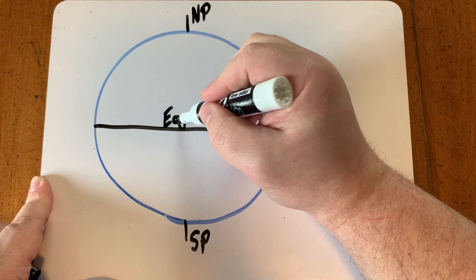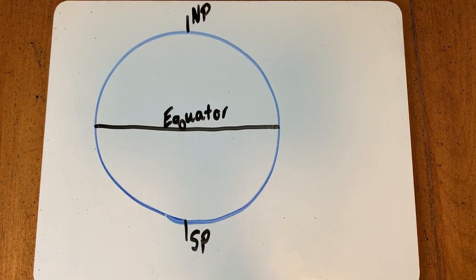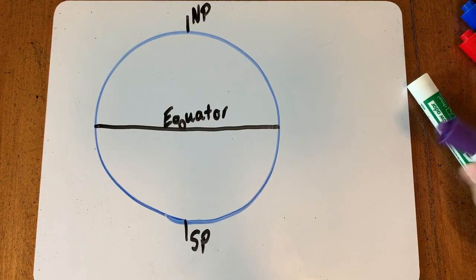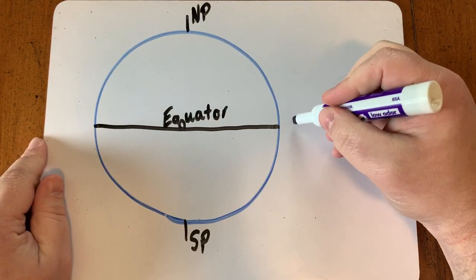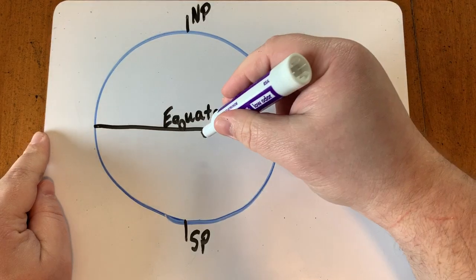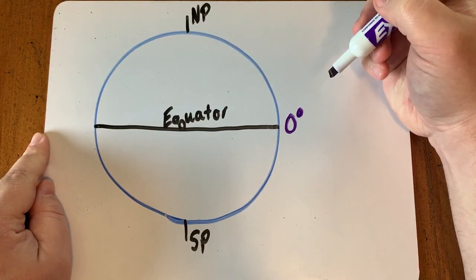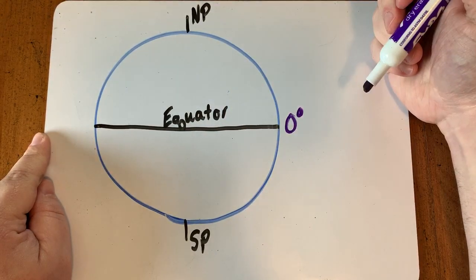This we know is the equator. So that's the equator. This is 0 degrees. And this is the only great circle that helps us with north-south.